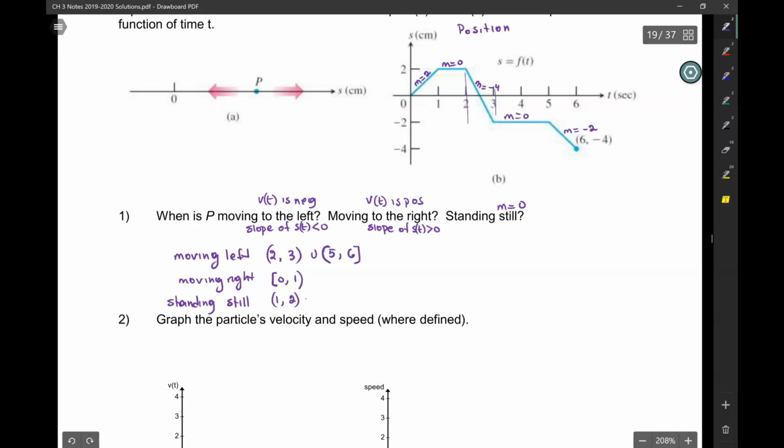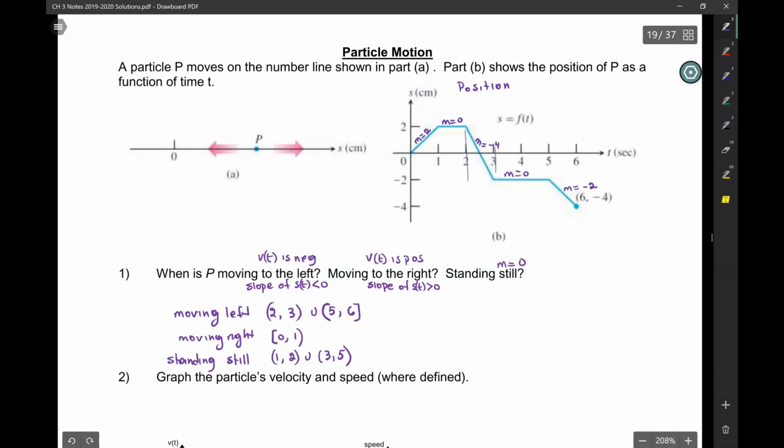Okay, I want to tell you one other thing. We talked about what it means when the slope is positive, 0, or negative. Now raise your hands for this one. Think about it for a minute. This graph is the position function. Some portions of this graph are above the s-axis.